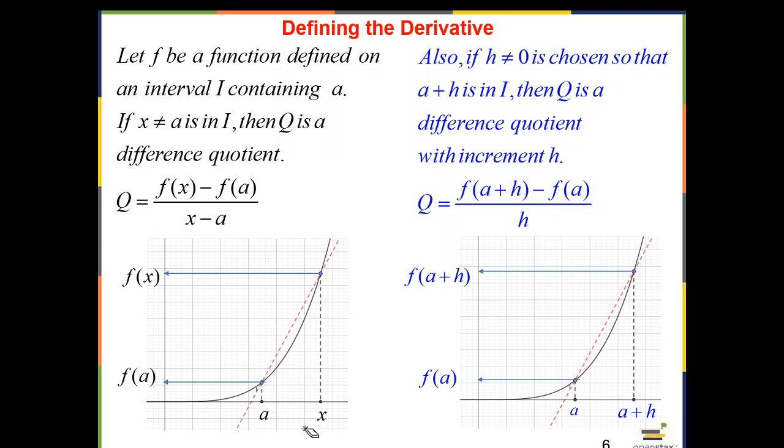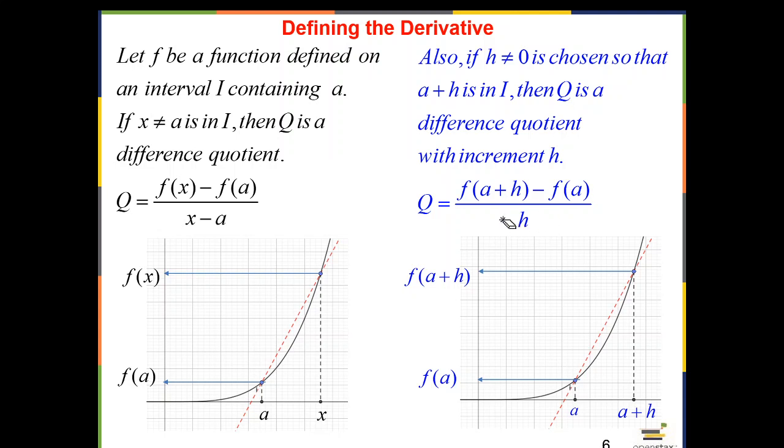Then we assume the second point to have an x coordinate, we call it x. The y coordinates, of course, would be f of x and f of a. So the slope of this secant line right here is given by this expression. We can also name them this way: we can call the first one a and the second one a plus h.